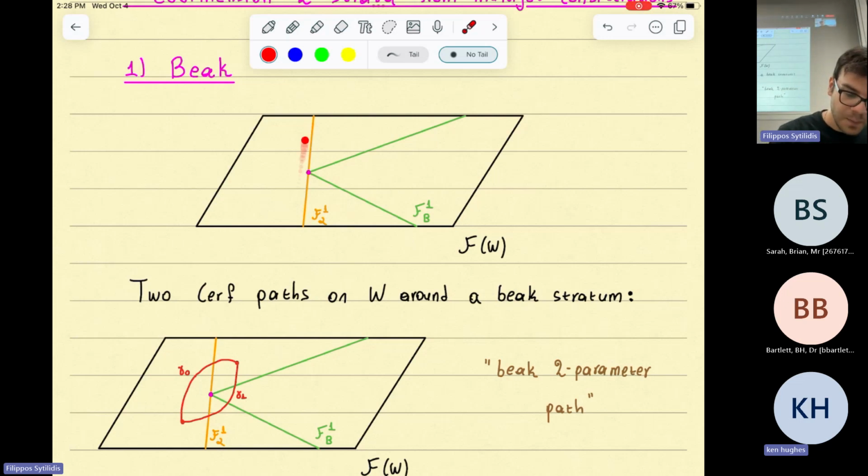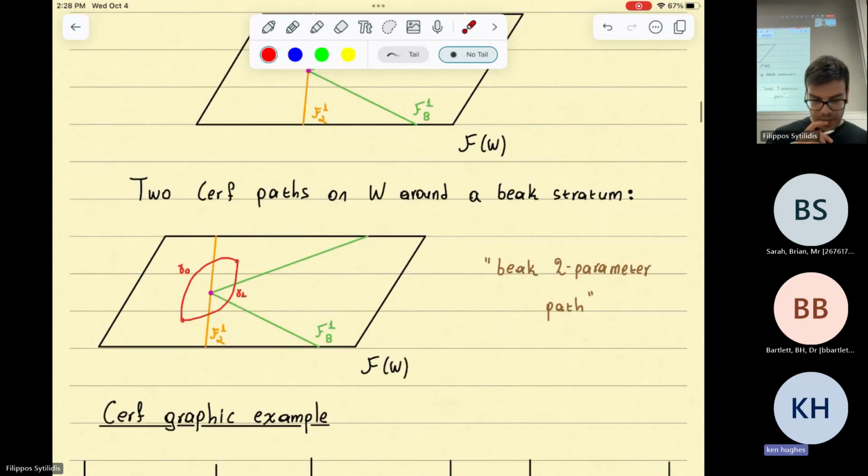I have one codimension 1 stratum here, which is a cusp stratum, and then I have two other ones which are crossings. And again, if I want to think of what two Cerf paths on W around a big stratum look like, maybe these are like 2 points, and that would be one path between them, and then that would be another path between them.